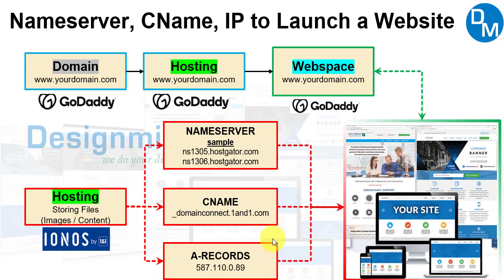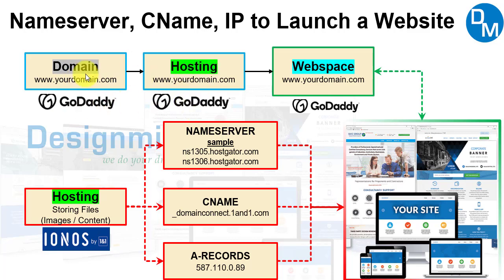Let me give you an example of how the web space, the name server, CNAME and A record settings work. Assume you have registered your domain with the GoDaddy provider, and you have purchased hosting with the same GoDaddy.